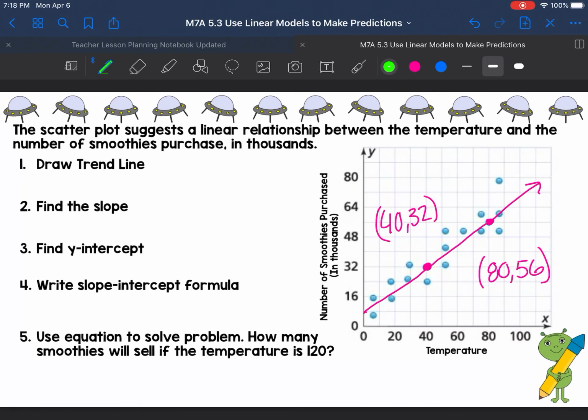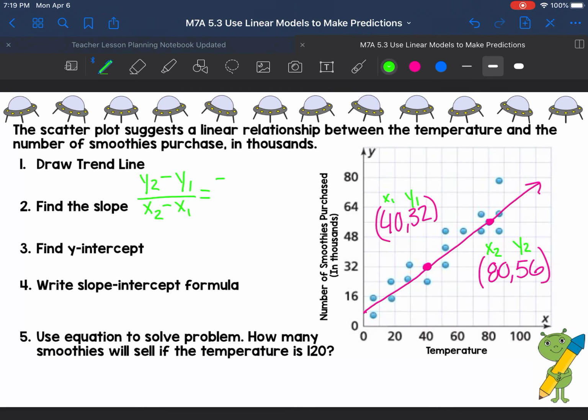So I need to find slope. I'm not going to do rise over run. Instead, just so we can remember and practice, I am going to do y2 minus y1 over x2 minus x1. After I solve for this, then we'll see if my rise over run would have worked. So my first point is going to be my x1 and y1, and my second point, (80, 56), is going to be my x2, y2.